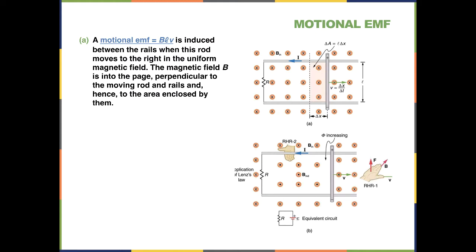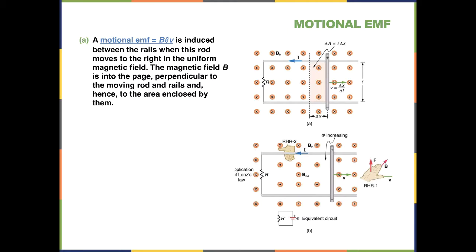When it's moving to the right, so that the flux is getting bigger, the induced current is counterclockwise. The right-hand rule here shows the field, the velocity, and therefore the force is up, so the current is moving this way.